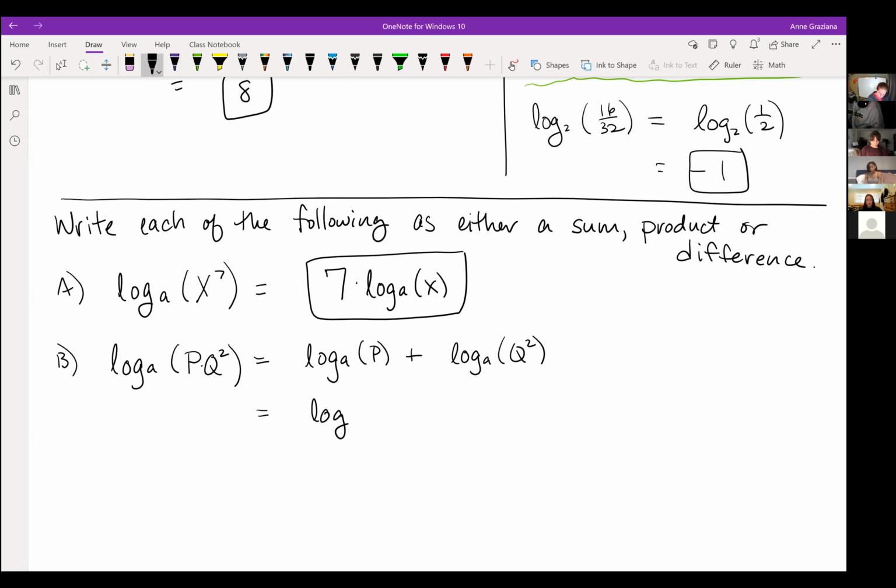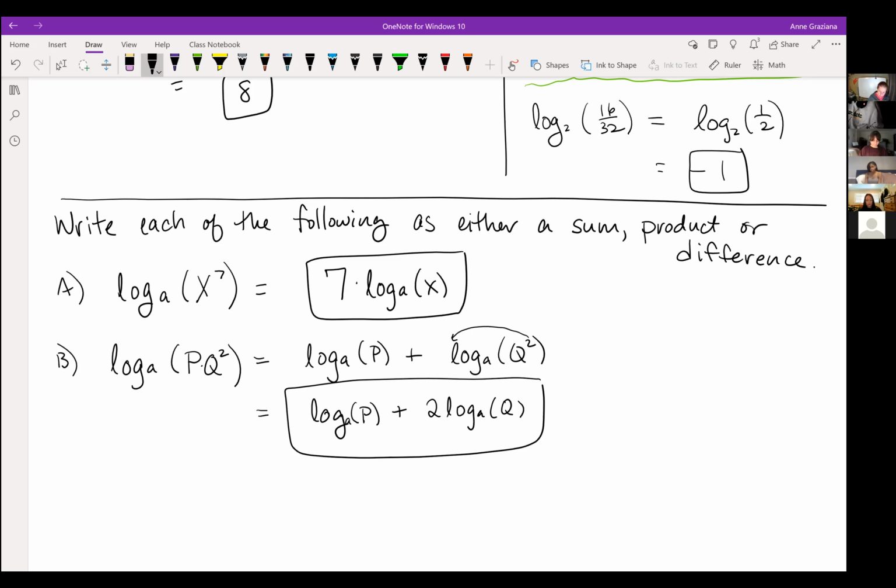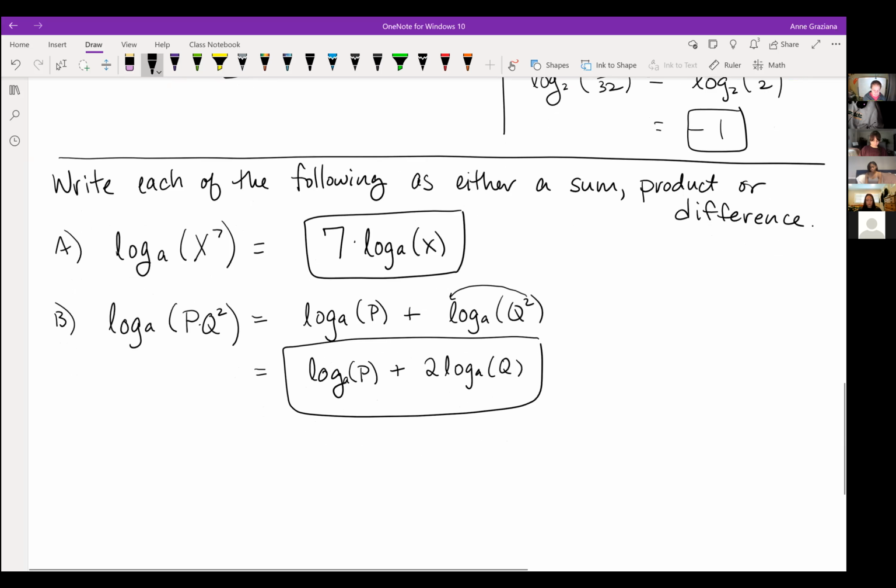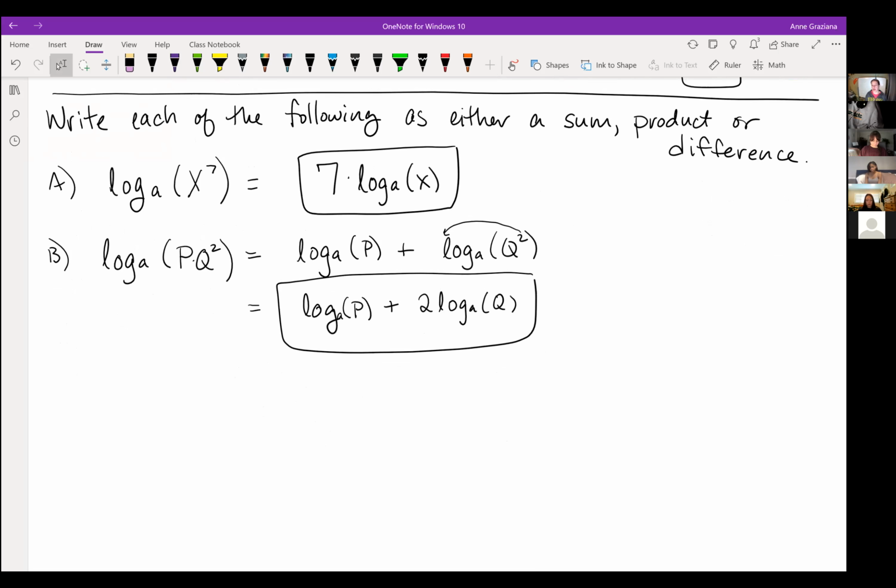So I want log base A of P plus, now I'm going to bring the 2 down front, 2 log base A of Q. And that would be completely deconstructed, I guess. That's not a technical math term, but that's what I feel like you're doing. You're just trying to use the properties to write it as a sum, product, or difference.